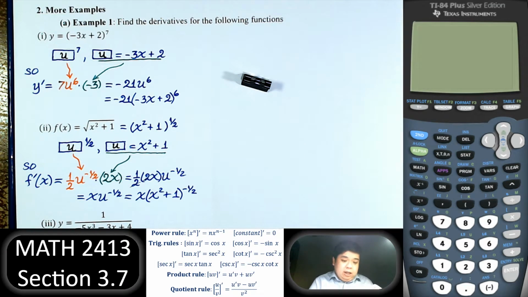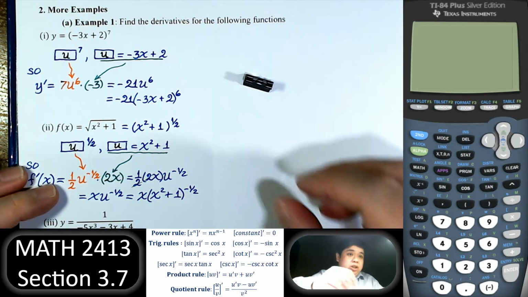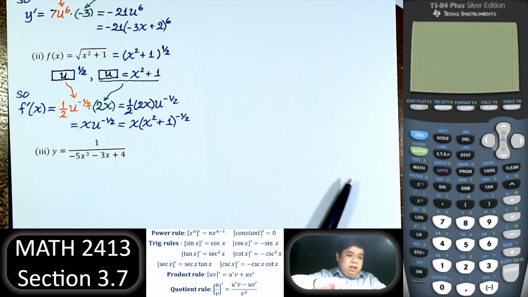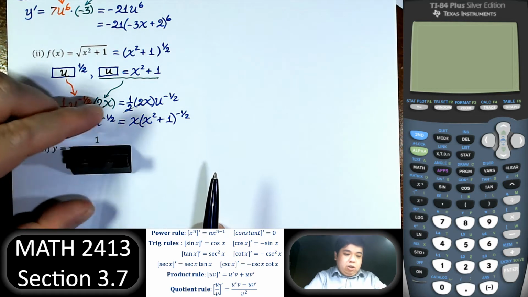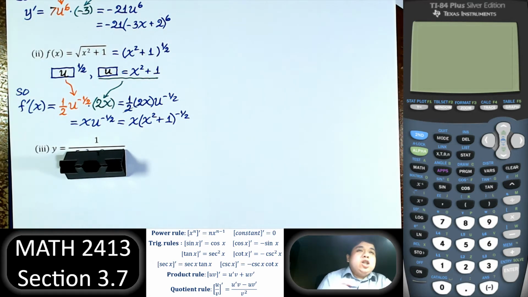Right. Let's do one more time using the box thing. Obviously, if this is the case, we can let the whole denominator equal to a box. So I have 1 over something, and that something is that.